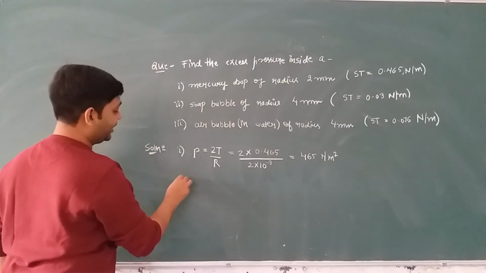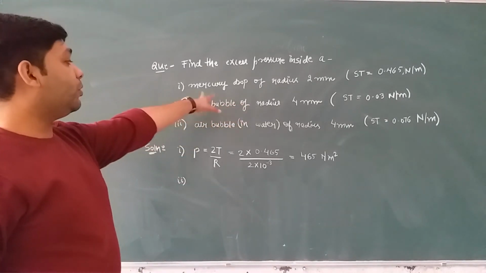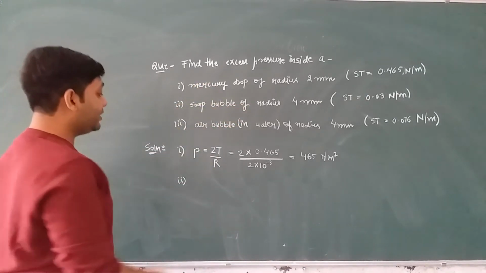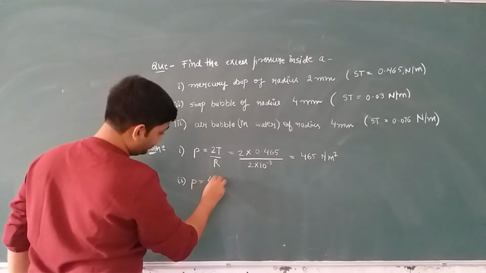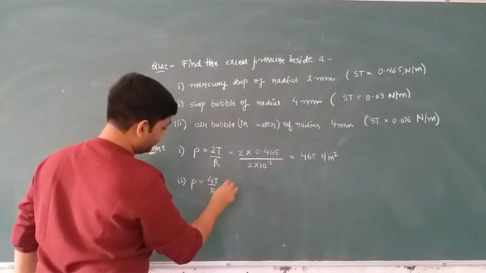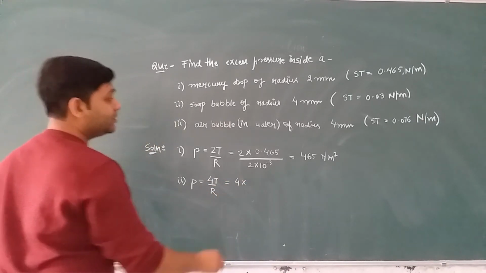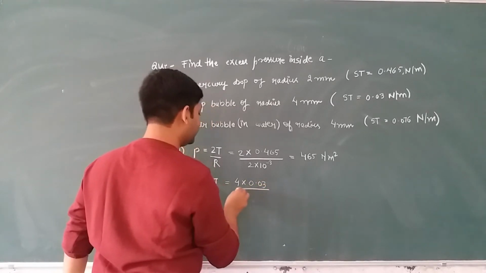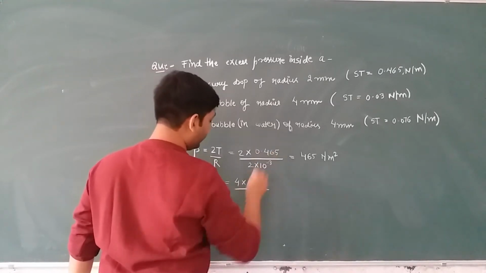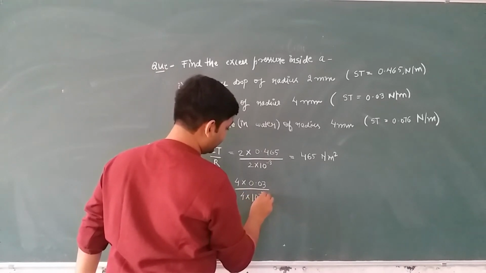Okay. Second part, soap bubble of radius 4 mm. Because a soap bubble has two surfaces, the value of excess pressure is given by 4T upon R. So we will use this formula, 4T upon R. 4 multiplied by the surface tension 0.03, upon the value of R, which is 4 mm, and 1 mm is 10 raised to the power minus 3.